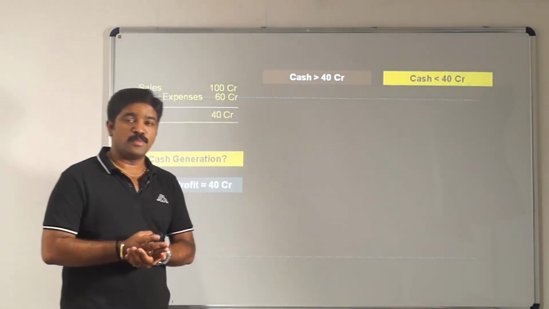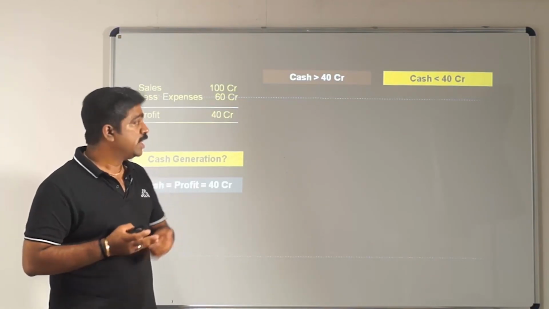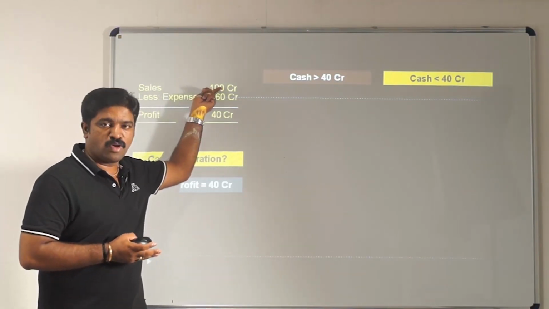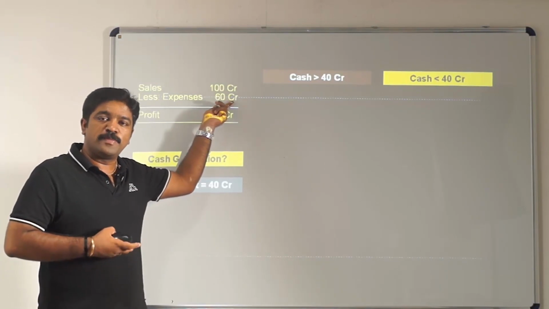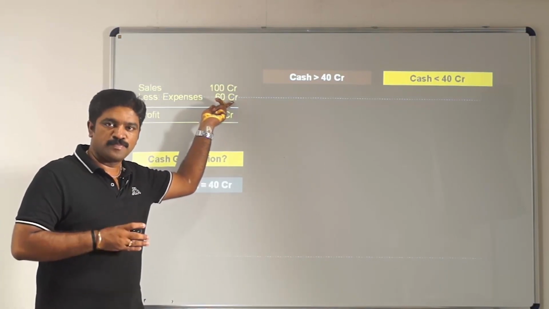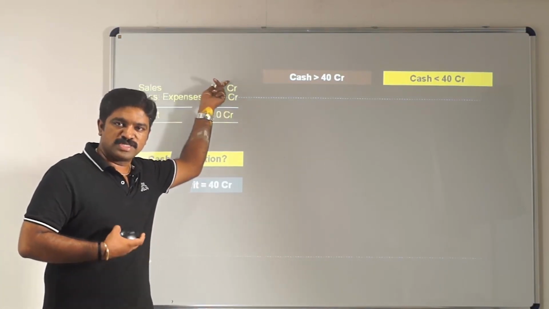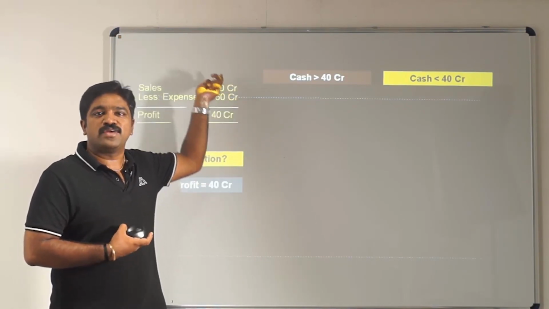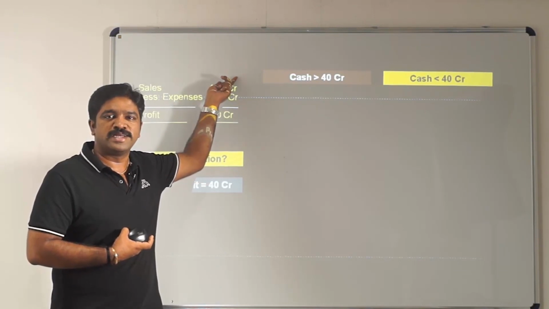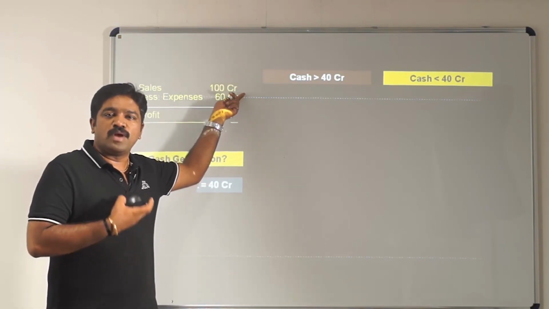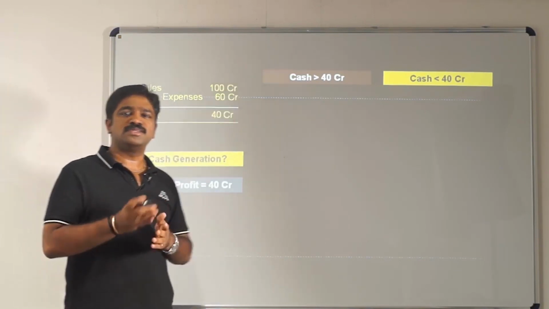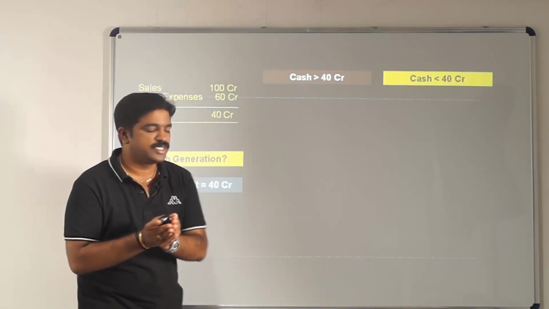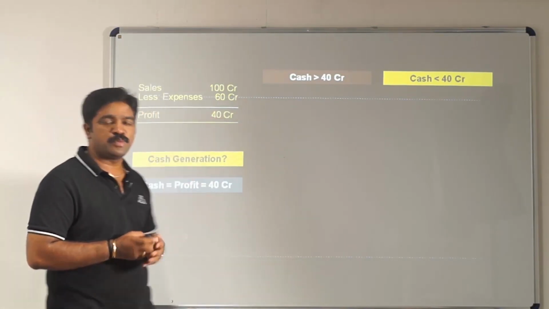But you can come across a situation where you may not realize all your sales whereas you pay all your expenses, or you may realize all your sales but not pay all your expenses, or you may realize only part of your sales and pay only part of your expenses. In all these circumstances, your cash generation will not match profit.